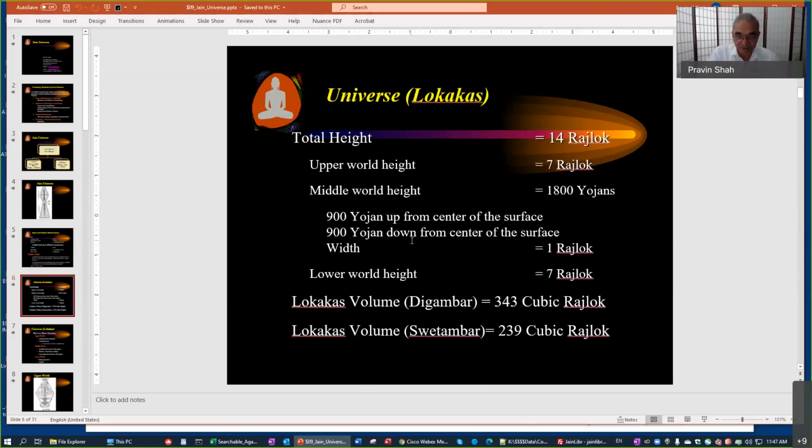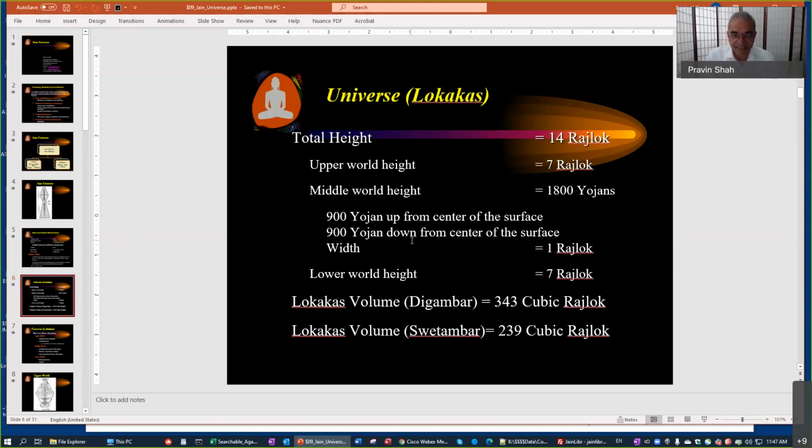The middle world is, in one sense, on the surface, but they have considered 900 Yojan above the middle world and 900 Yojan below the middle world. It is still considered middle world. So keep in mind that 900 Yojan. That's the concept.